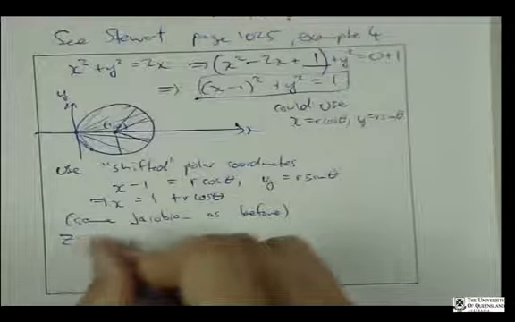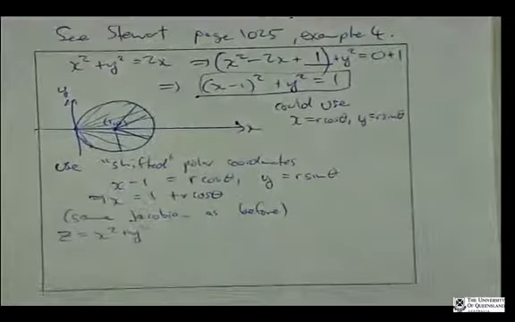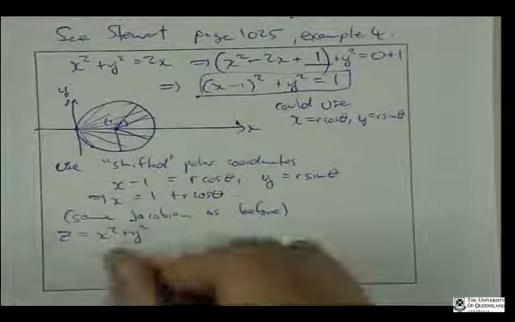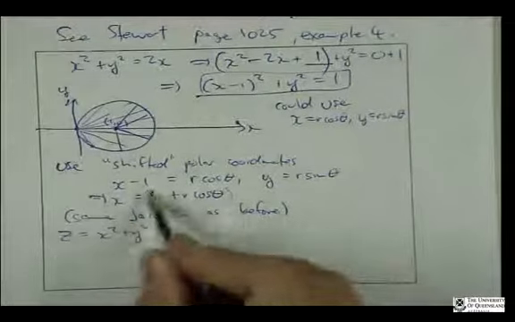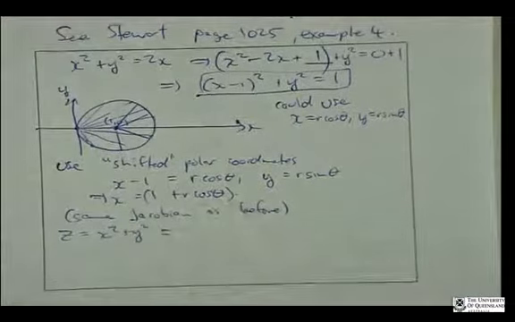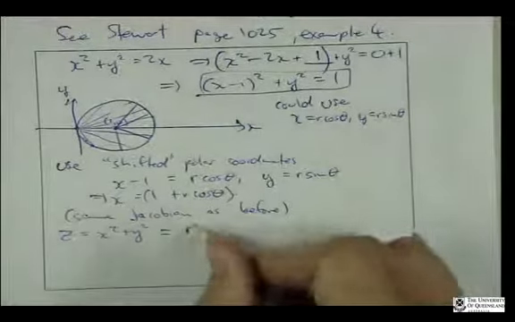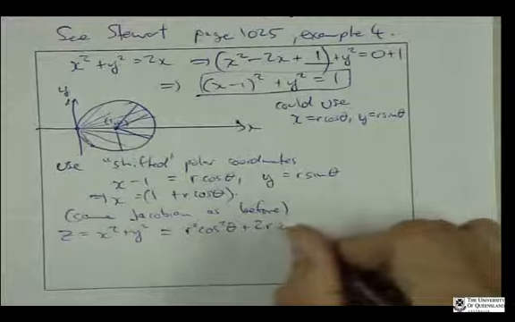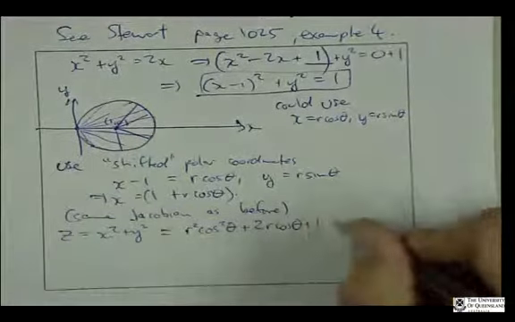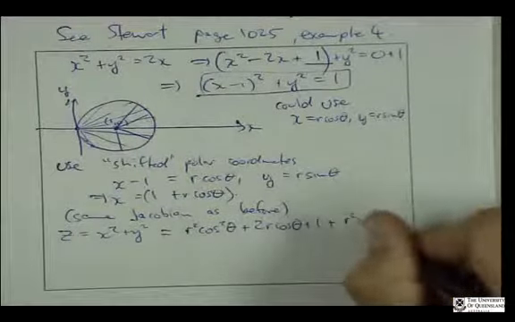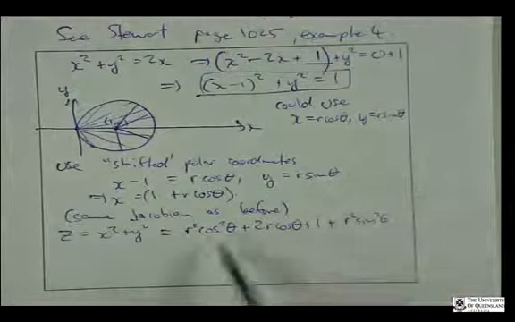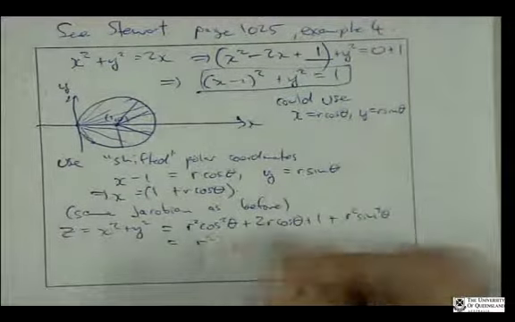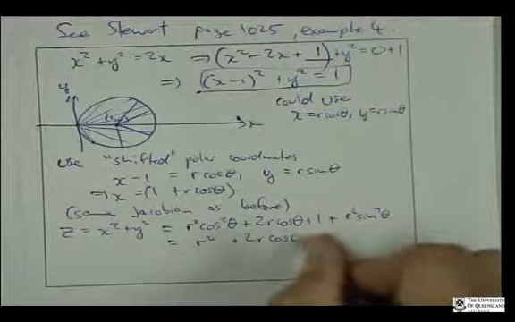Now the only thing is that this function, the surface z equals x squared plus y squared, has x squared now being this expression all squared. So that's going to be r squared cos squared theta plus 2r cos theta plus 1, and then plus y squared, which is r squared sine squared theta. We've got a trig identity we can use, so that'll give us r squared plus 2r cos theta plus 1.